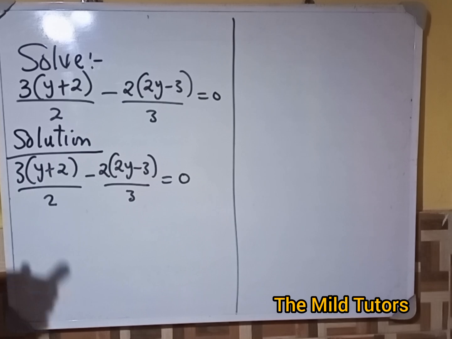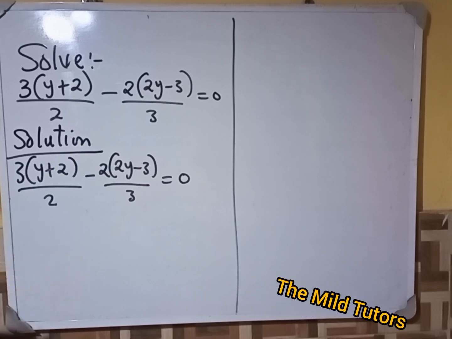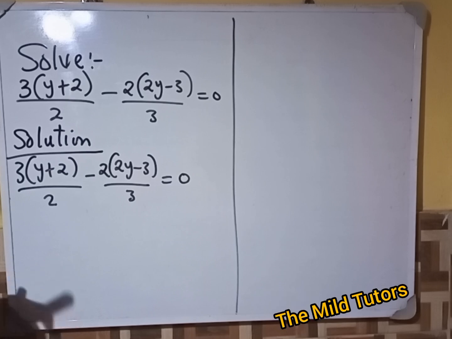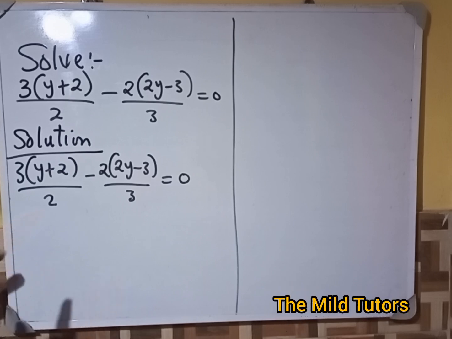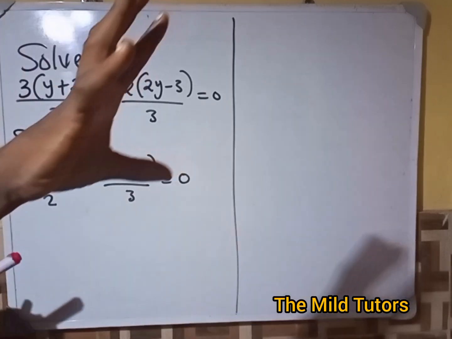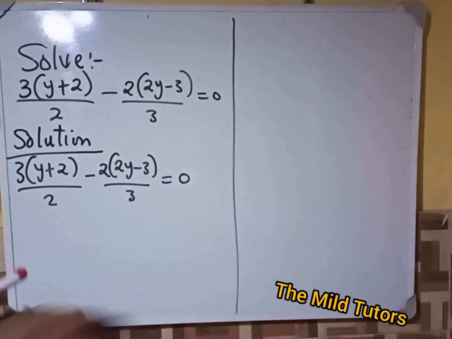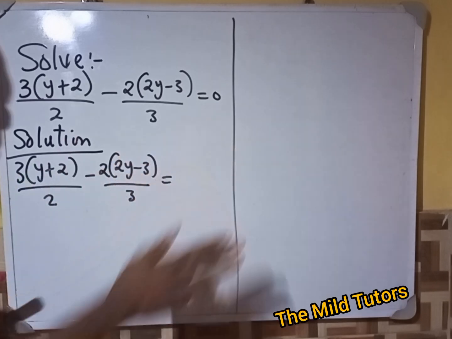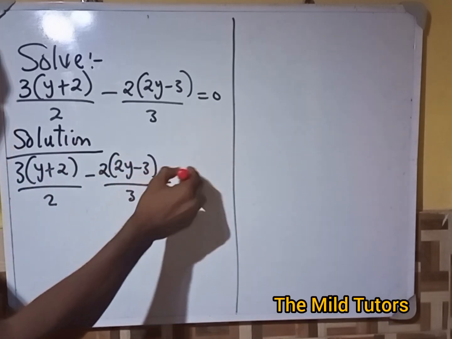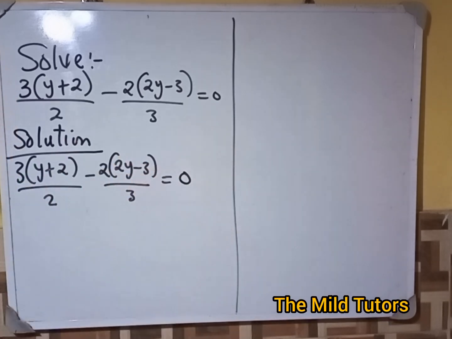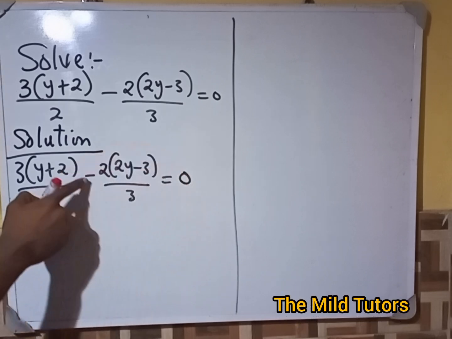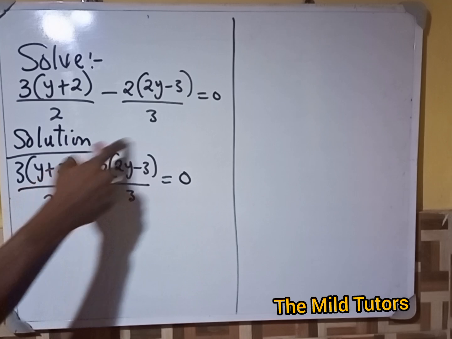So now, don't forget, there is a law that says when two fractions are equated, that gives you a proportion. But before these two fractions will be equated, we have to move one of the fractions to the right hand side where 0 is. Now this 0 looks as if nothing is there. 0 is 0, meaning nothing, right? So we have to move the entire second fraction to the right hand side alongside the negative in front of it.